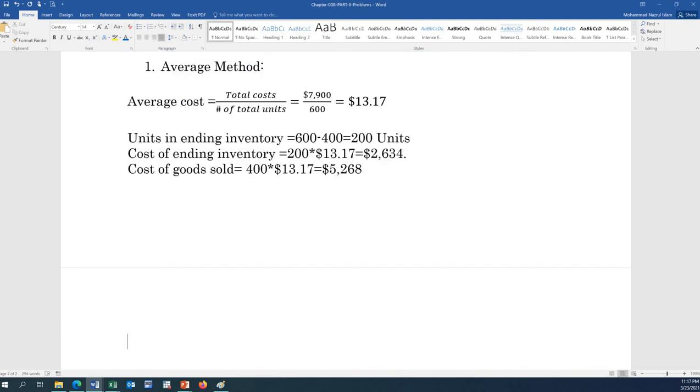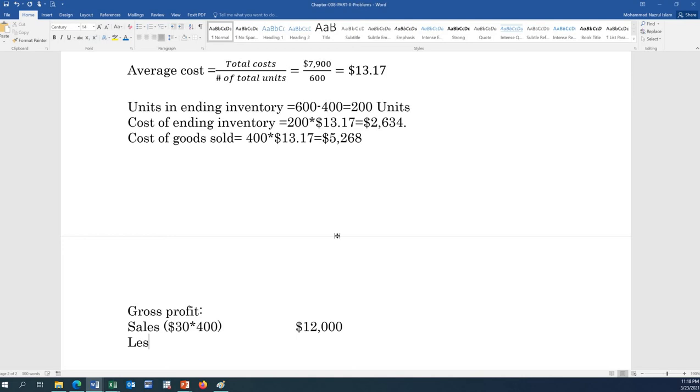Now gross profit: sales is $30 per unit multiplied by 400 units, so 12,000, less cost of goods sold, which we have just calculated, 5,268.